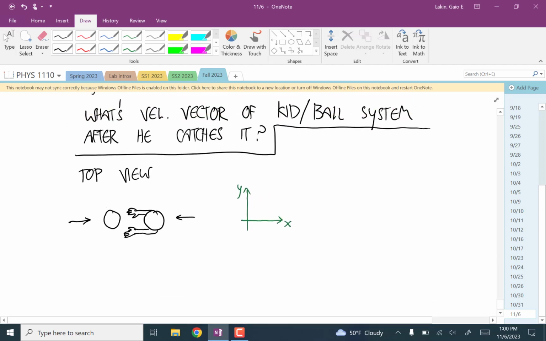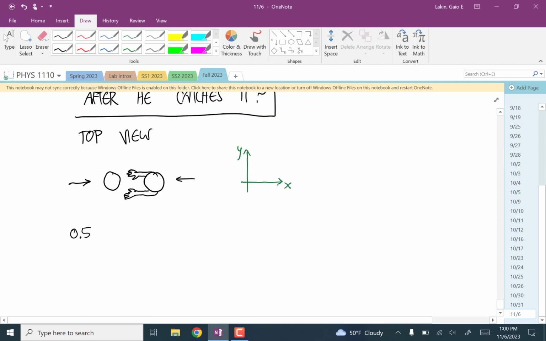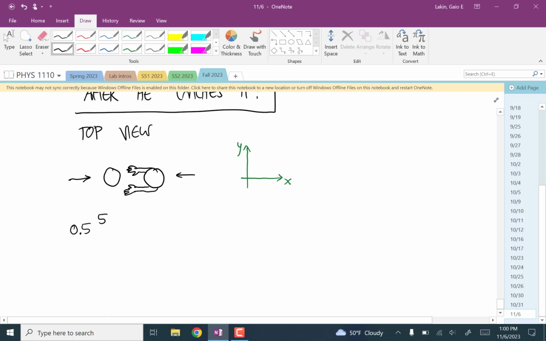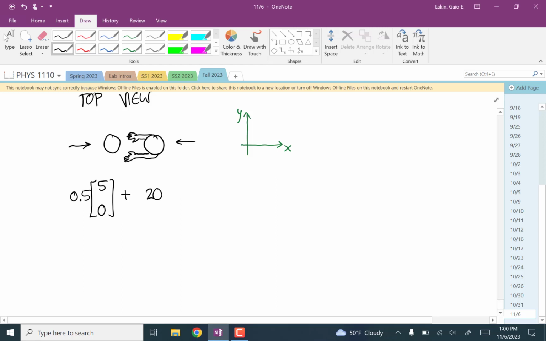So let's see, before the collision, the ball has a mass of 0.5 kilogram, and it's moving at +5 in the x, 0 in the y. And then the kid has a mass of 20 kilograms. And before the collision, he's moving in the negative x direction.